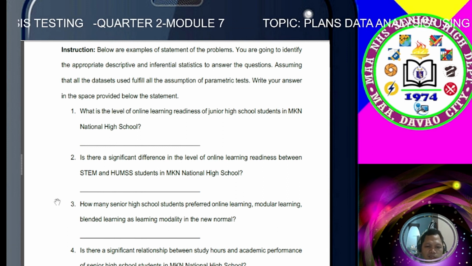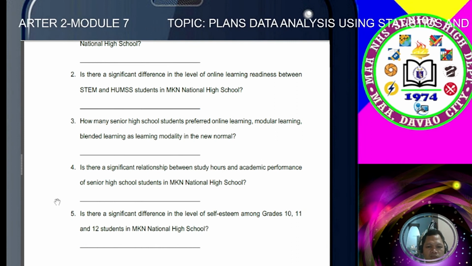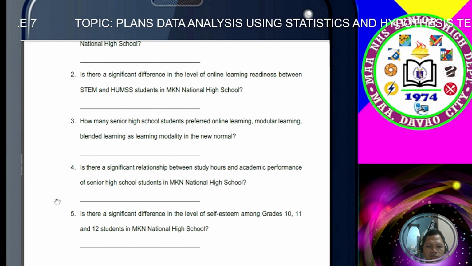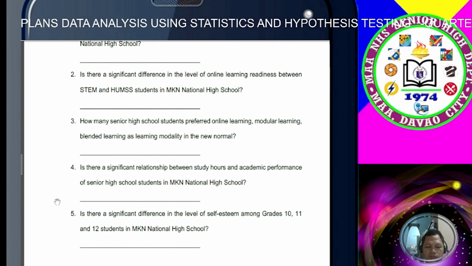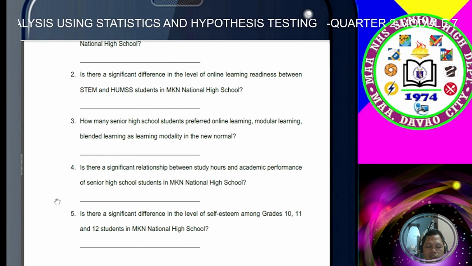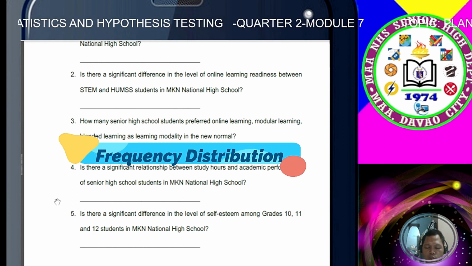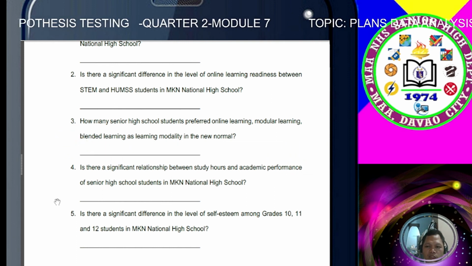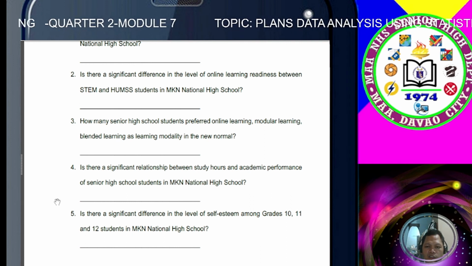Next, number 3. How many senior students prefer online learning, modular learning, blended learning as learning modality in the new normal? The correct answer there is we'll use only the frequency distribution, because we want to know the number of students who prefer the different learning modalities.